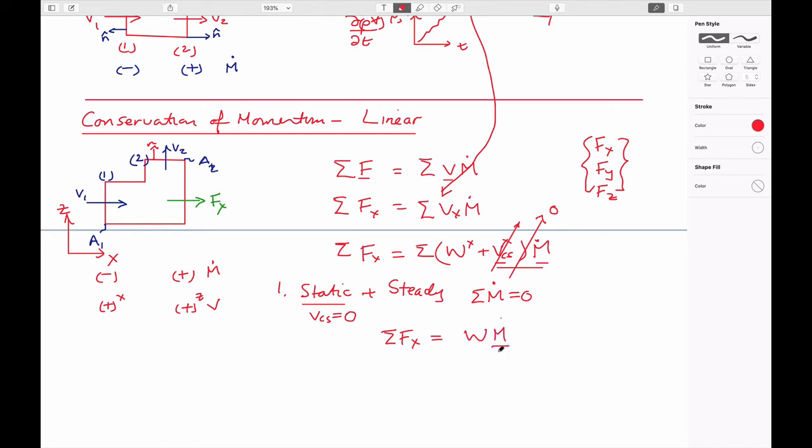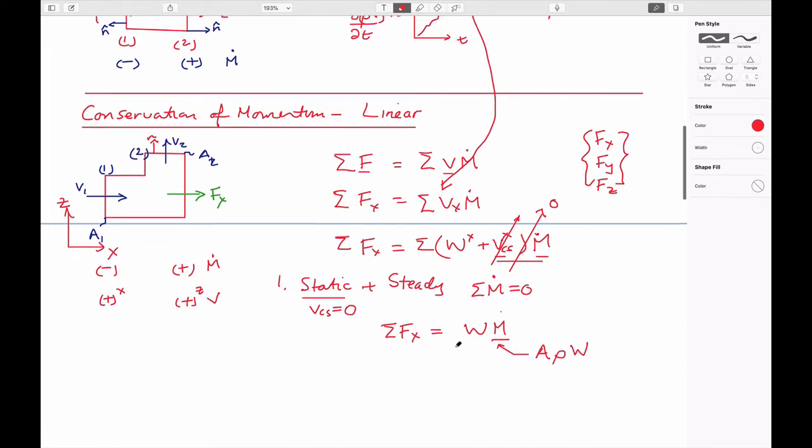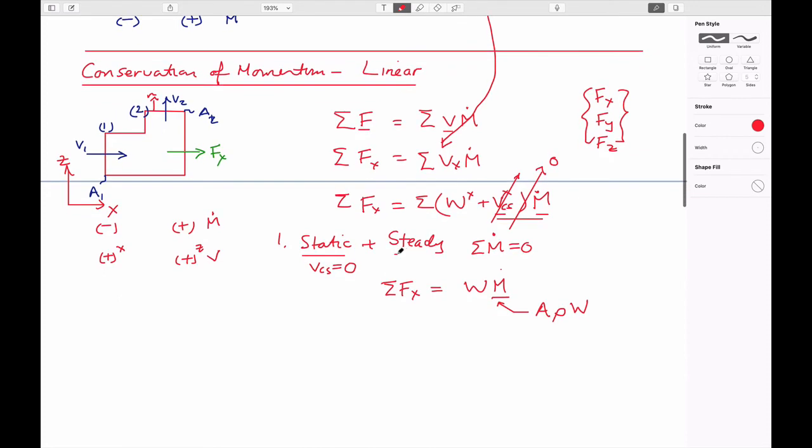Mass flow rate can also be written as area times density times W. So sometimes it's defined only in terms of these relative to the boundary velocities. That's fine when these two cases are correct.